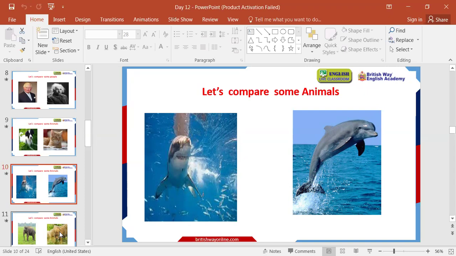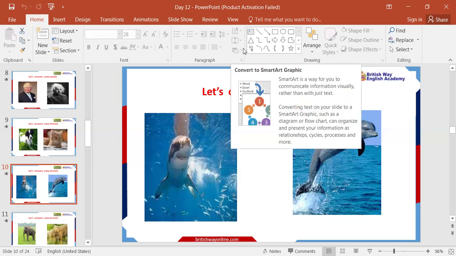Sharks are more dangerous than dolphins. The dolphins are more loyal than sharks. The dolphin is kinder than shark. Don't forget the be verb.